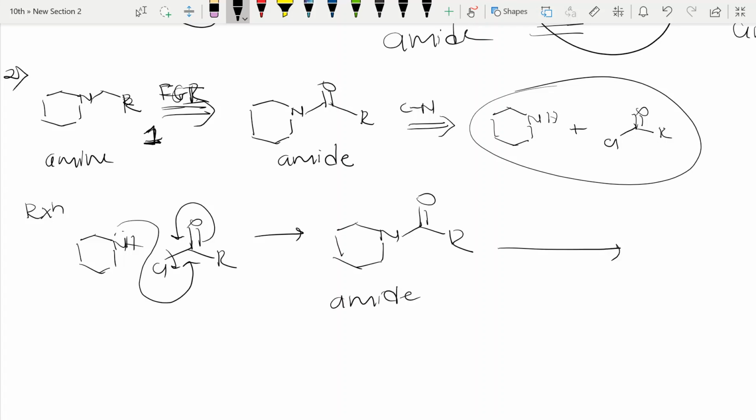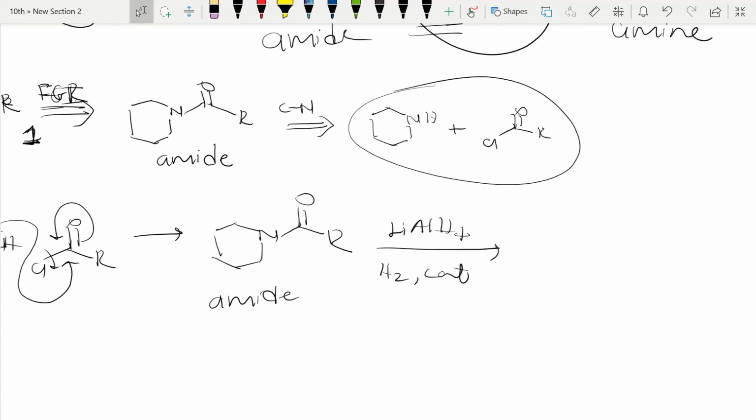So what am I going to add? I am going to add a reducing reagent. So what can I add? LiAlH4 I can add, or I can also add hydrogen with a catalyst, with some temperature, keeping those in mind. I can make use of it with some metal and I can reduce this amide to amine.